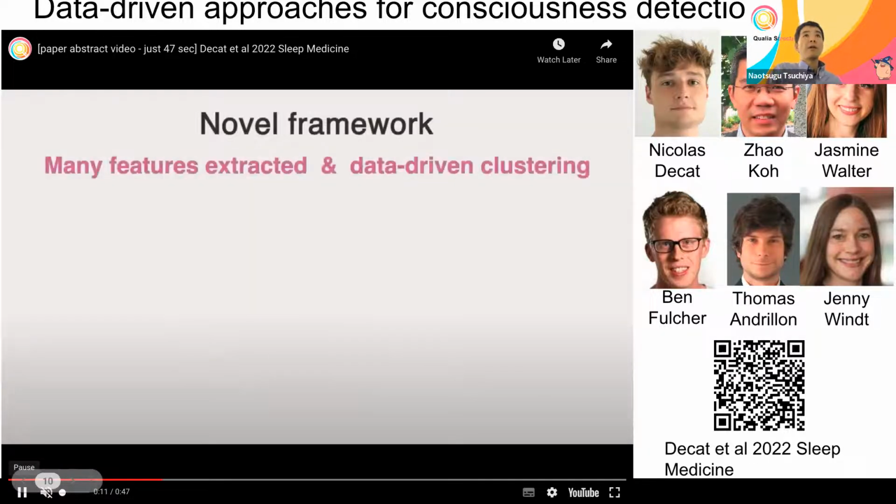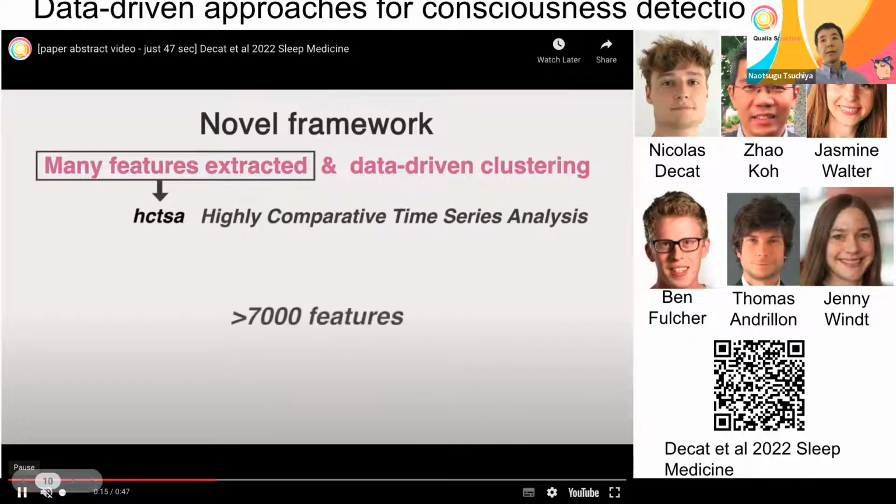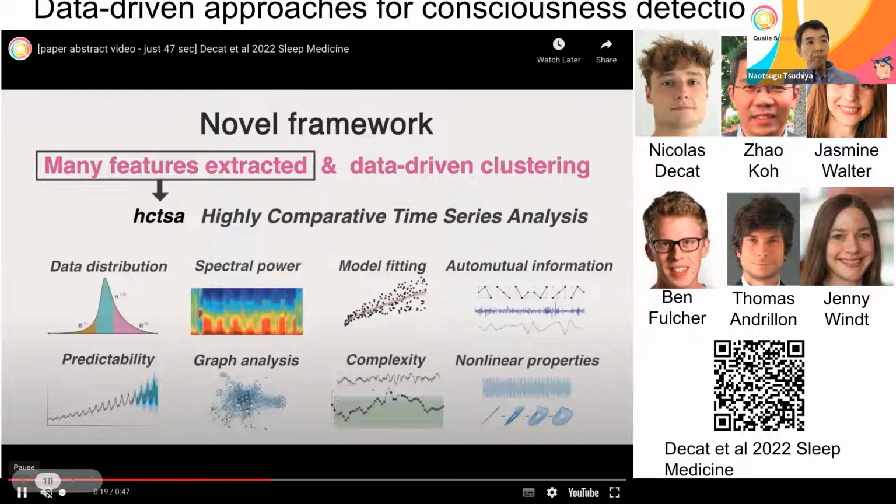And then the novel framework using HCTSA is to subject this 30 seconds of data to this toolbox, which has 7,000 different methods, and that gives us a vector of 7,000 outputs from this 30 seconds of data. That comes from data distribution, spectral power, model fitting, auto-mutual information, predictability, graph analysis, complexity, and so on.